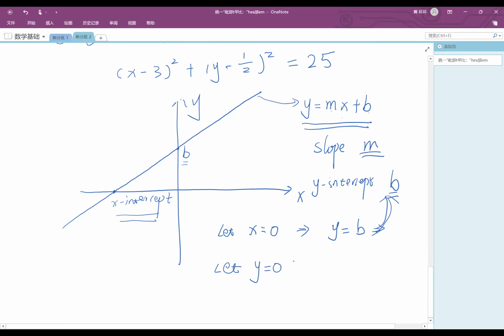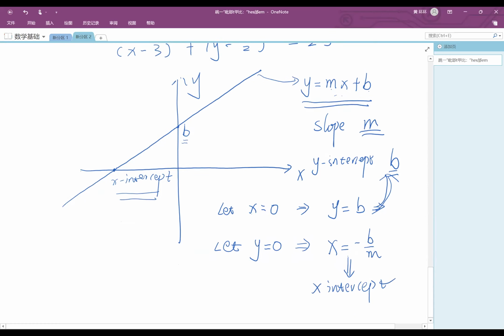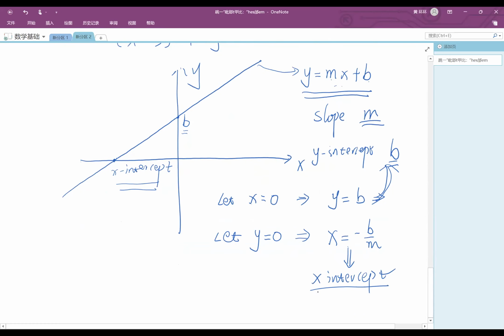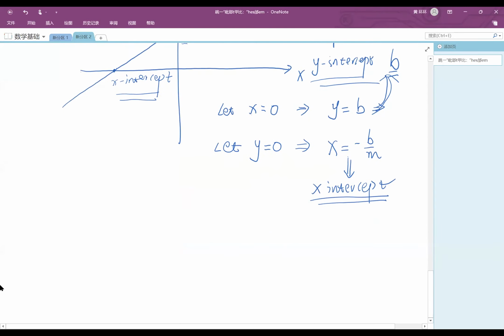If we let y be equal to 0 in this equation, we will get x is equal to negative b over m, right? And this is the x-intercept. Okay, this is the x-intercept and the y-intercept of a line.